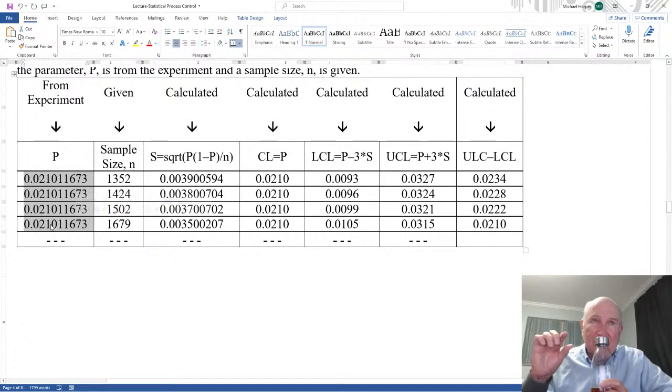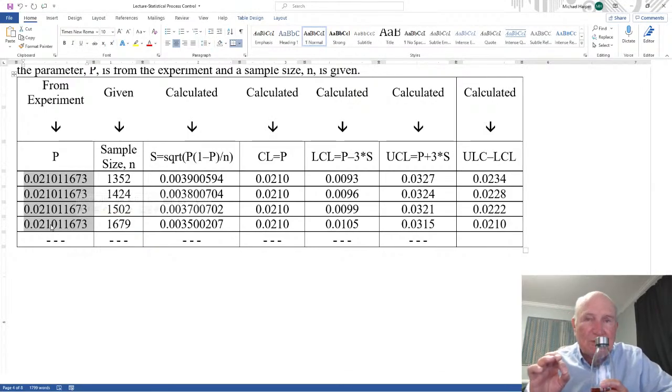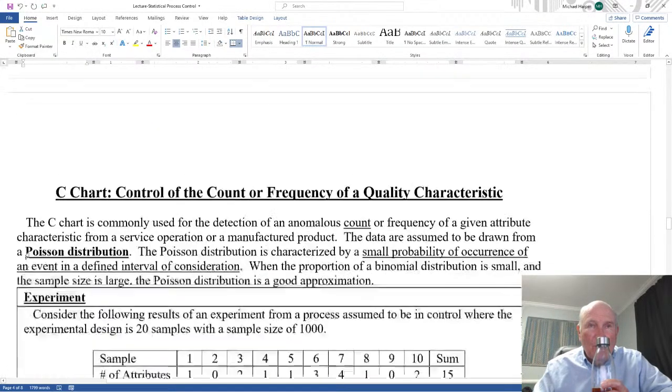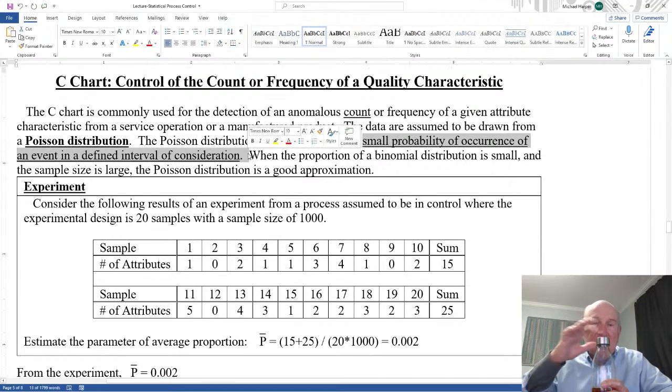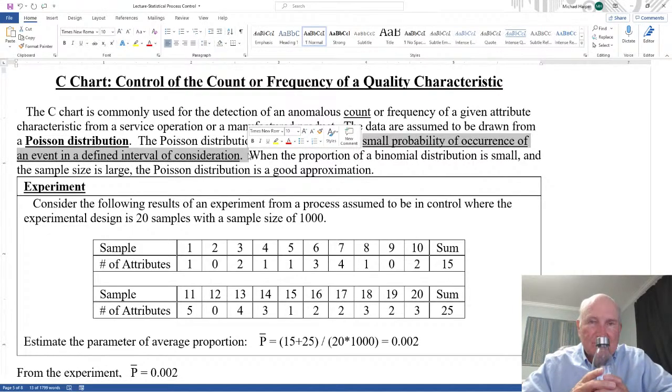They're going down. 2% to 1.1% to 0.1% to 0.0001%, 1 part per million. Well, when that probability gets really, really small, then all of a sudden, the number of occurrences of these tops are no longer binomial, they're Poisson.